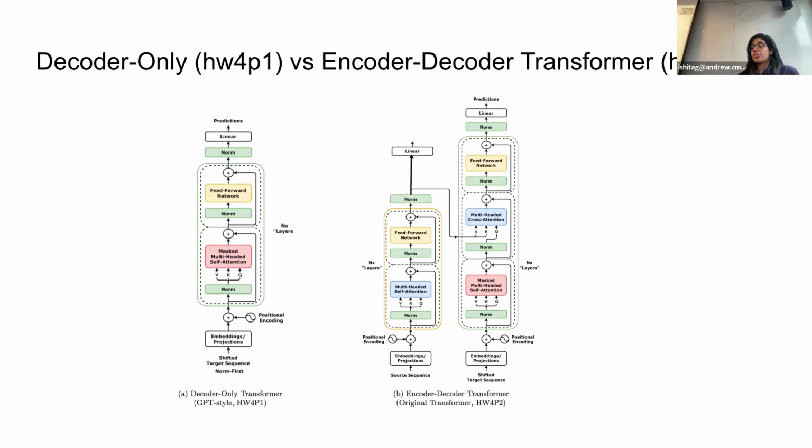Coming to the architecture, this is the difference between P1 and P2. On the left, you see the decoder-only transformer. This is what you would be implementing in this homework. This is based on GPT-2, which was a foundation for GPT-4 and many other models. In P1, we'll be only implementing the decoder layers.